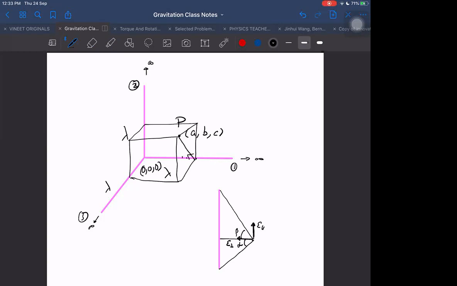Root over B square plus C square, sir. Now you may be right. Wait a second. Yes, root of B square plus C square. That is correct now. And what angle will it be forming? This side angle is alpha.